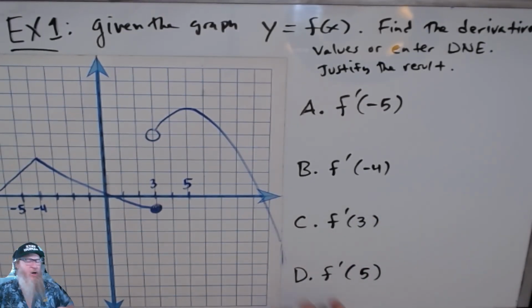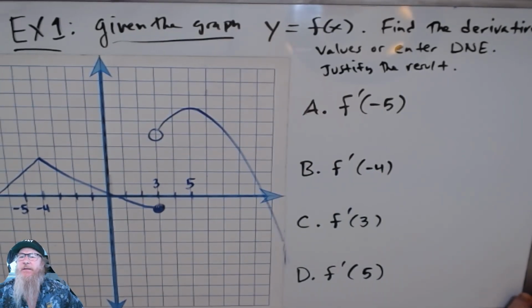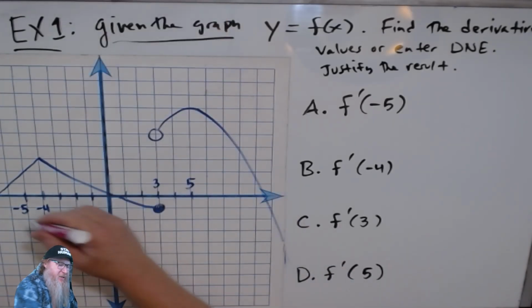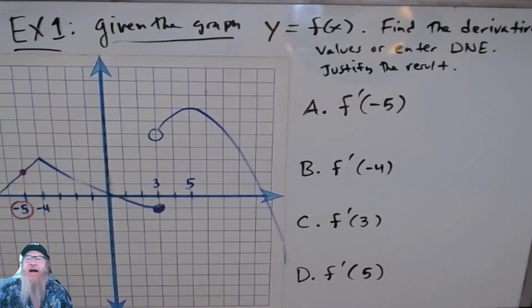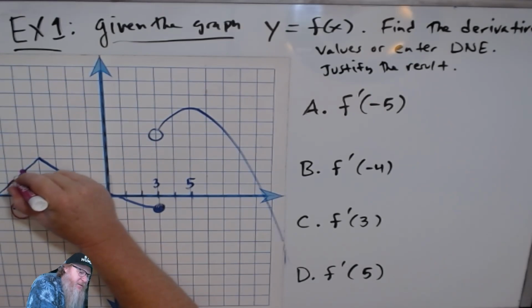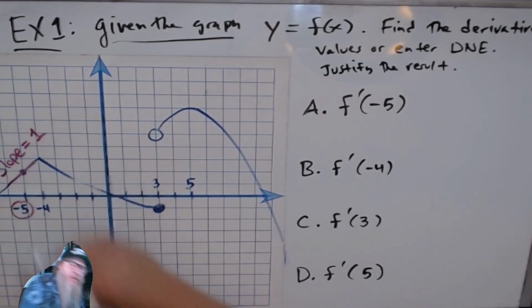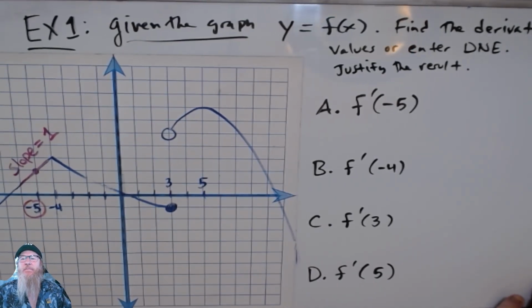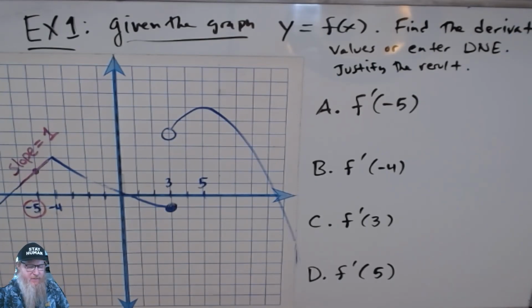Now these questions can all be answered just by looking at the graph. So f prime of -5. So what is the slope of the tangent line at -5? It looks like the slope is 1. Yeah, the slope is 1 at that point. You could zoom in and see that the slope of that line is exactly 1.